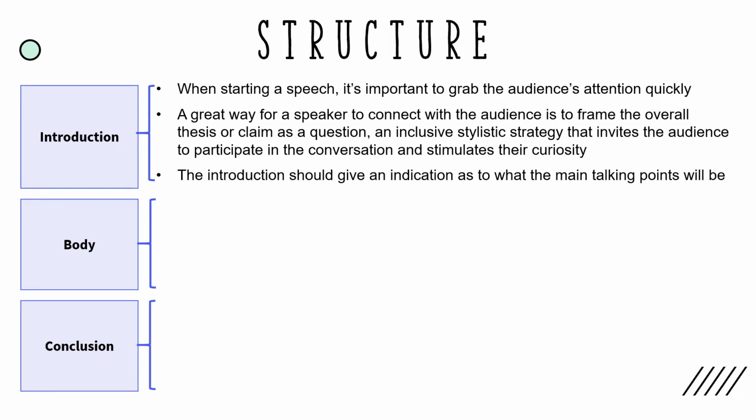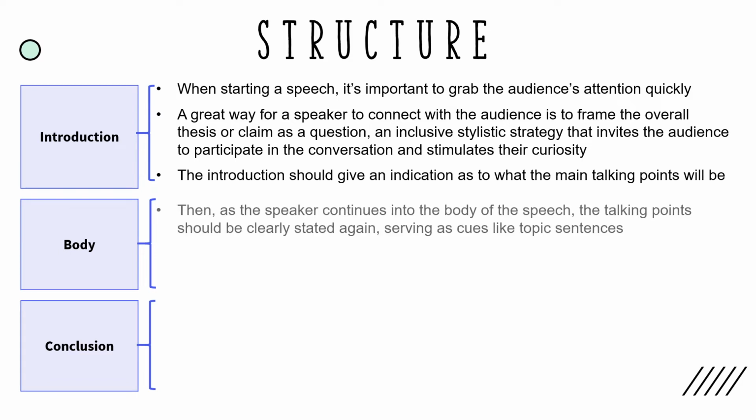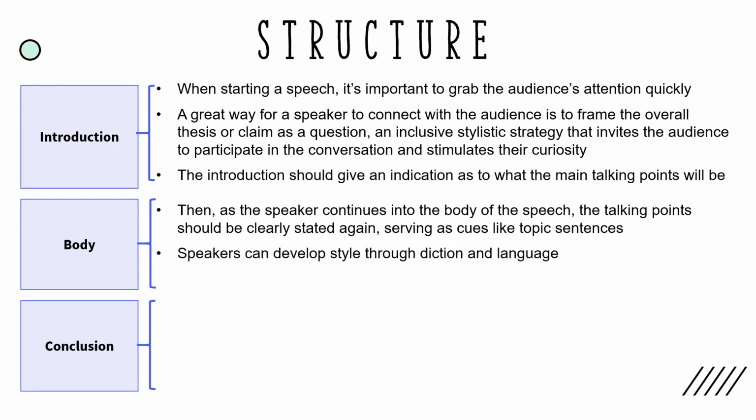The introduction should also give the audience an indication as to what the main talking points will be. Then, as the speaker continues into the body of the speech, the talking points should be clearly stated again, serving as cues to the audience that he or she is moving to the next point, much like topic sentences in a written argument. As with argumentative writing, speakers can develop style through diction and language.